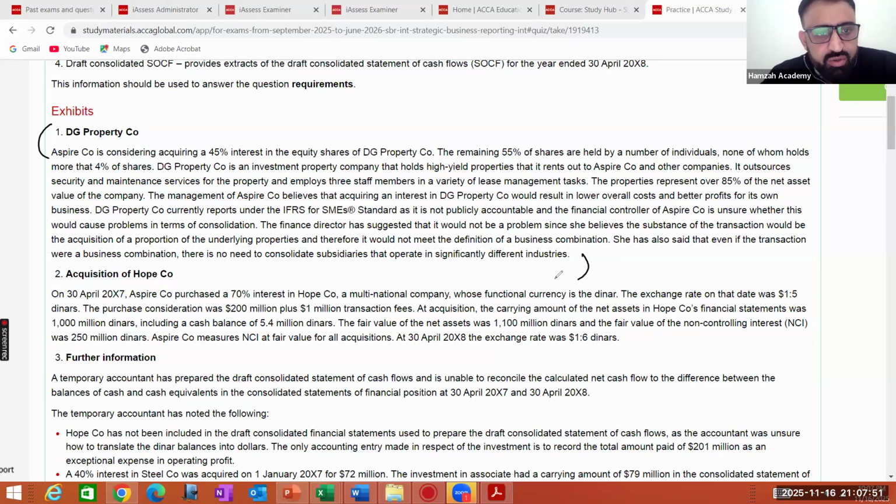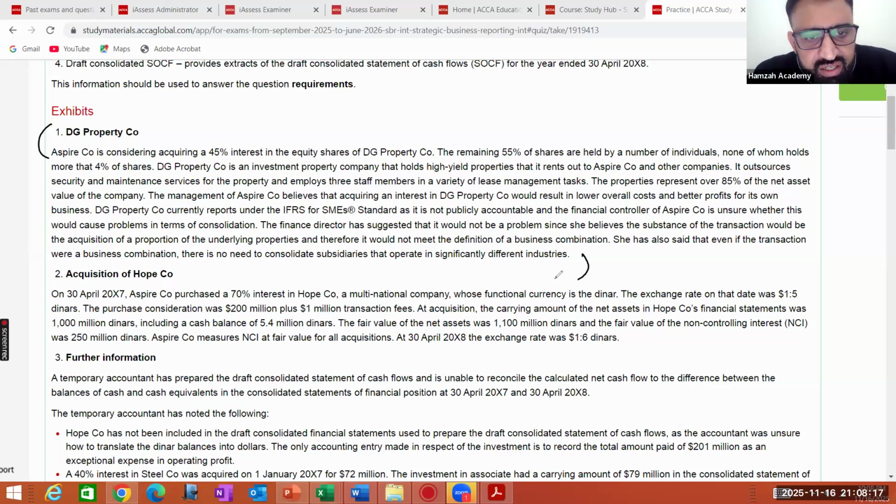It outsources security and maintenance services for the property and employs 3 staff members in a variety of lease management tasks. The properties represent over 85% of the net value of the company. The management of Aspire company believed that acquiring an interest in DJ Property would result in a lower overall cost, better profit for its own business.